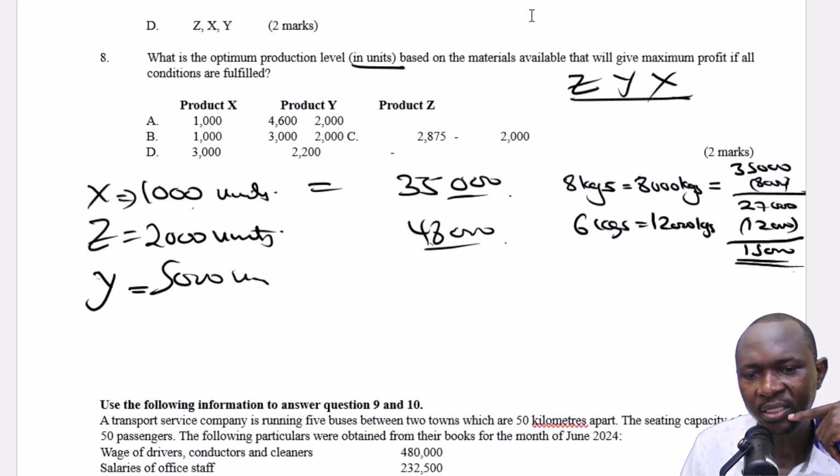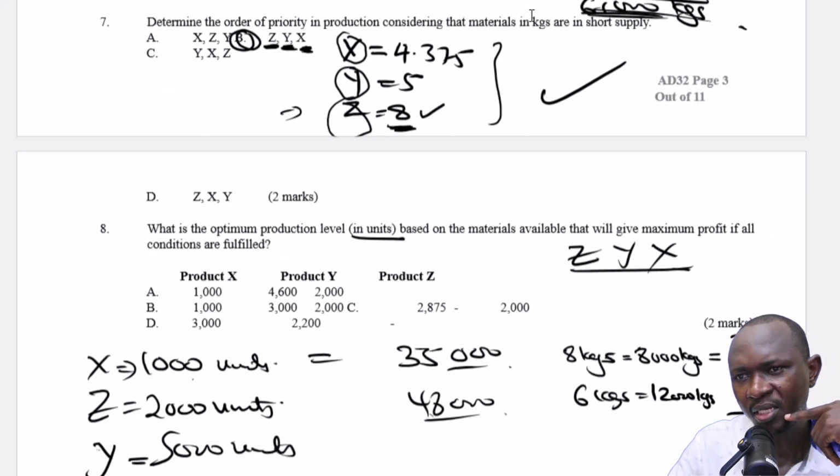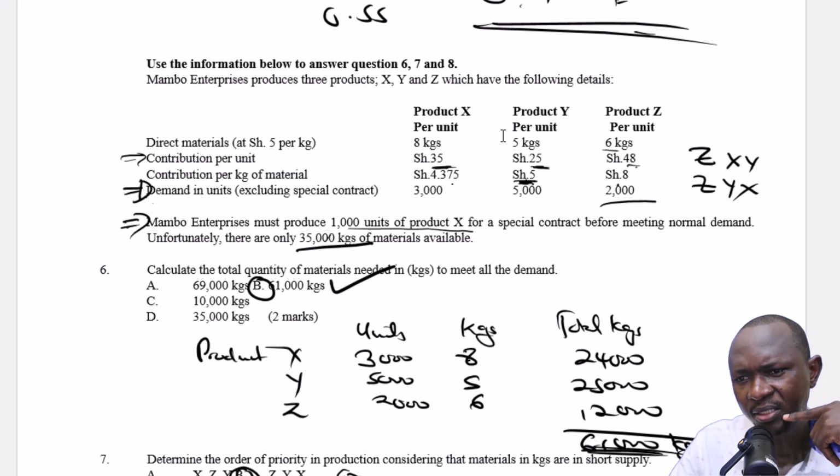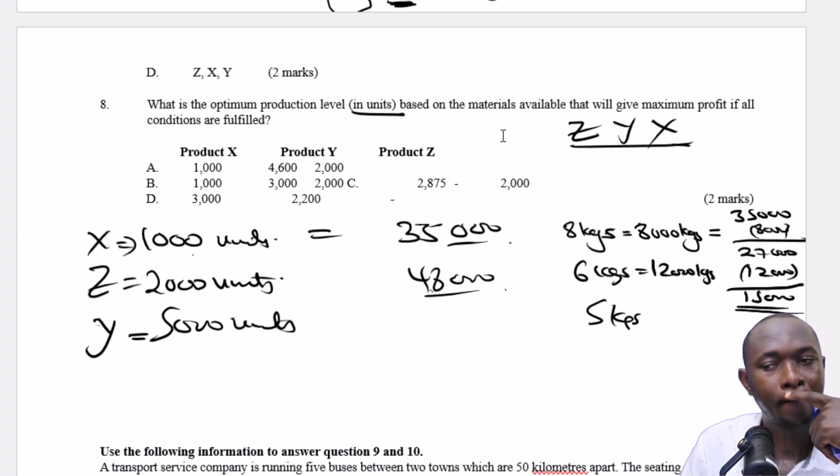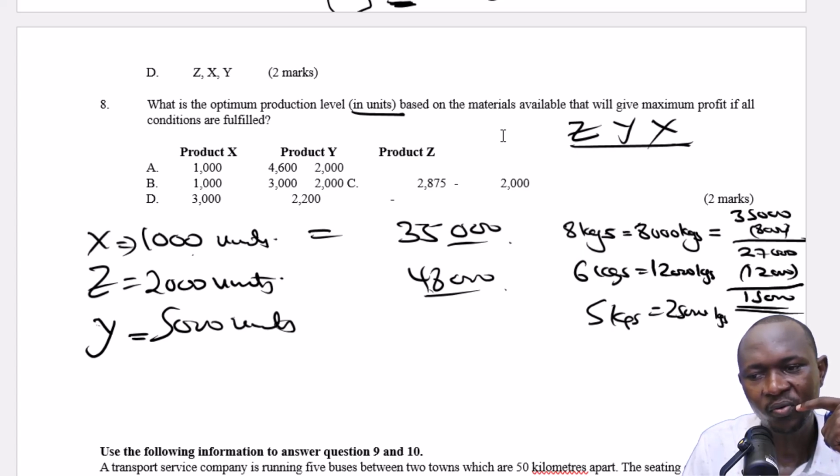So these are 5,000 units, and each unit has how many kgs? Each unit has 5 kgs. So this will give us 25,000 kgs. But do we have 25,000 kgs? We don't have. We only have 15,000 kgs.